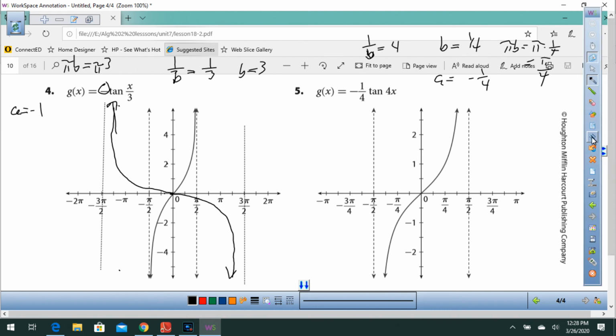And let's see if we can't draw our thing. That's pretty close. And undo that last one. Let me redraw it.